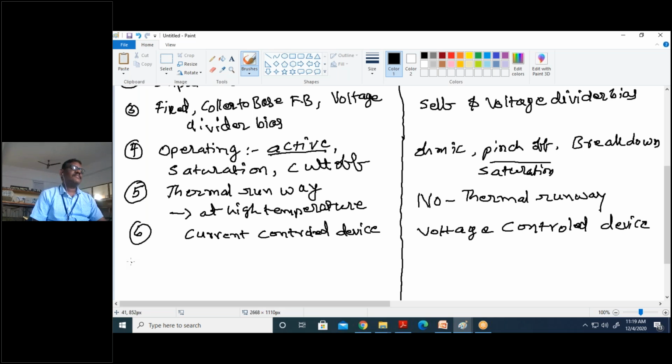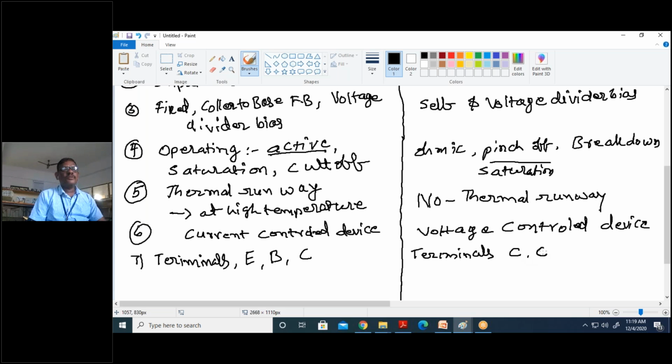Seventh point, terminals. In BJT: emitter, base, collector. In JFET: source, gate, drain.